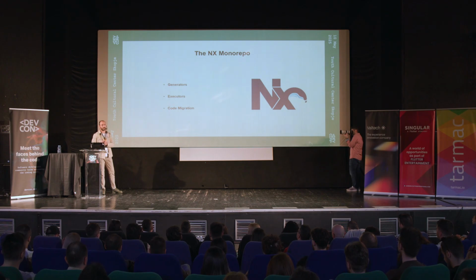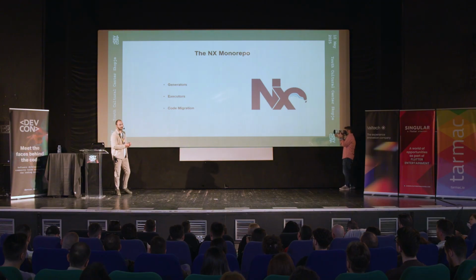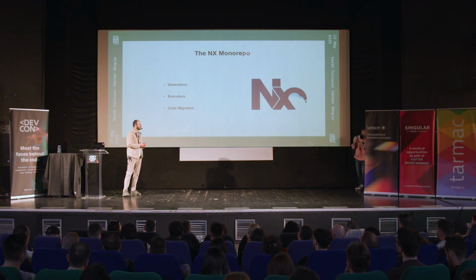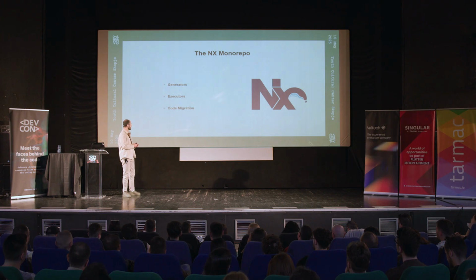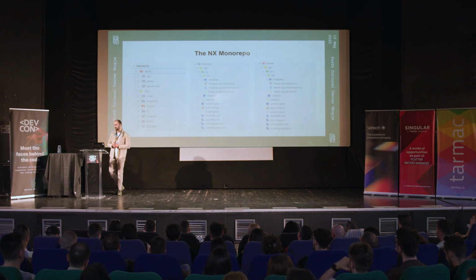Take everything from one repo or one part of the code, for example, the backend or the front-end code. This will help us migrate. So what this means is it will create a new folder. It will move that folder or that application to the newly created workspace, where we will be able to use it in conjunction with our front-end application.